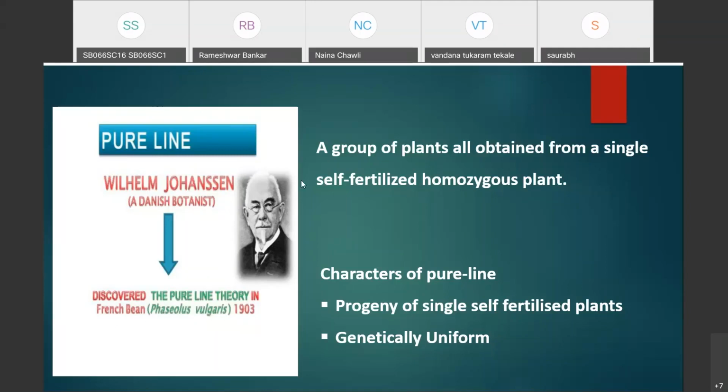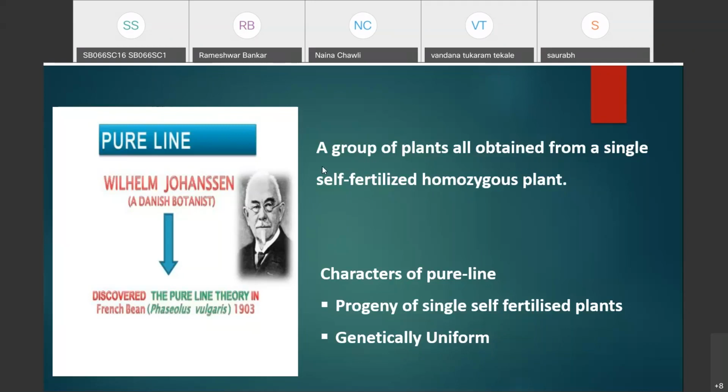He defined the pure line as a group of plants all obtained from a single self-fertilized homozygous plant. The progeny of these single self-fertilized homozygous plants is called the pure line.